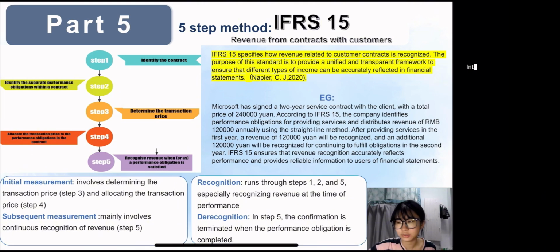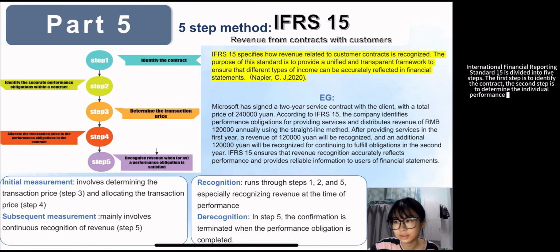Finally, IFRS 15 is divided into 5 steps. The first step is to identify the contract. The second step is to identify the performance obligations in the contract.